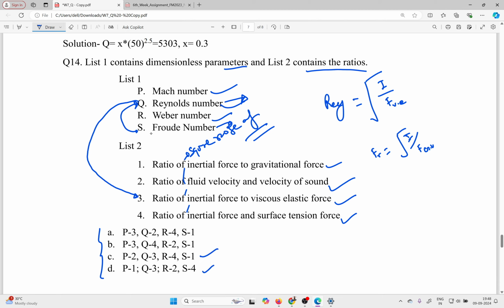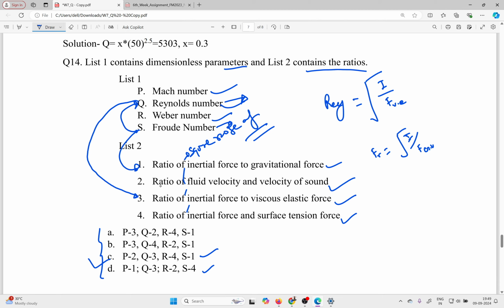Come to the Froude number. Froude number is the ratio of square root of inertial force to the gravitational force. So S goes to 1. So your option C will be correct. So what is P related to? 2.